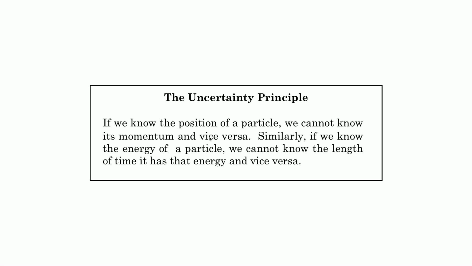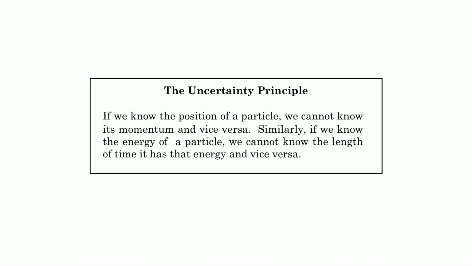If we know its momentum precisely, we can't know its position. Similarly, if we know the energy of a particle precisely, we can't know the length of time it's had that energy, and vice versa. And so basically what you'll notice in these two equations is that, of course, if they're always greater than or equal to h bar, when one goes up, the other has to go down, because they're always equal to a constant.